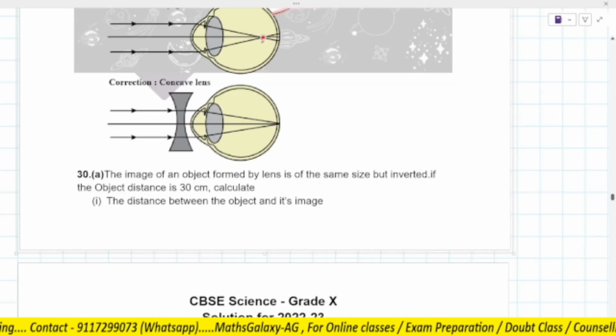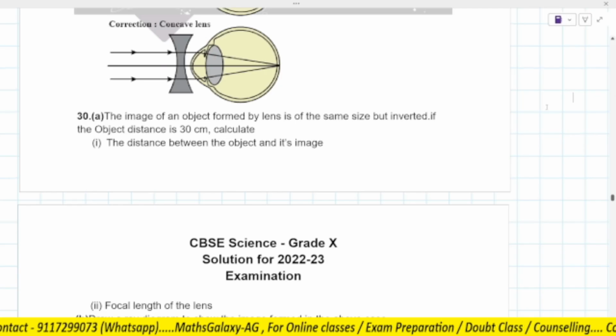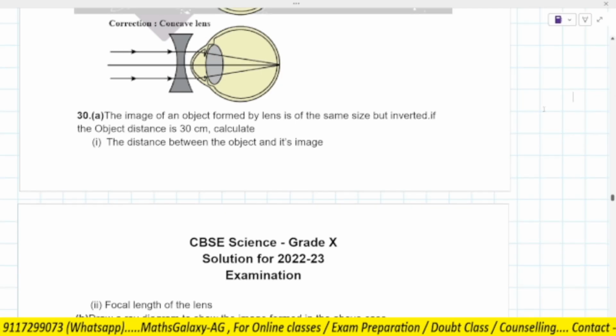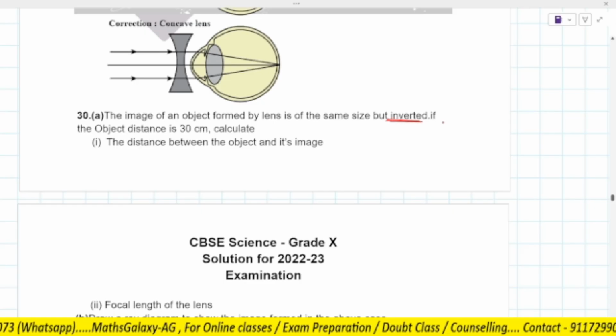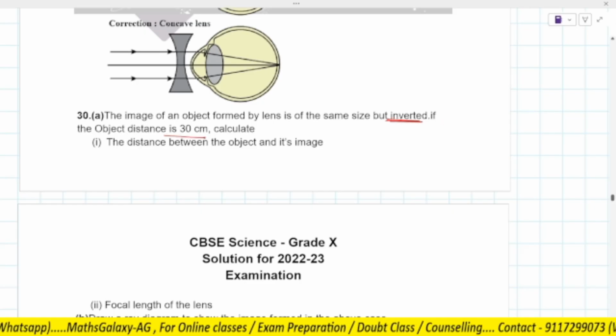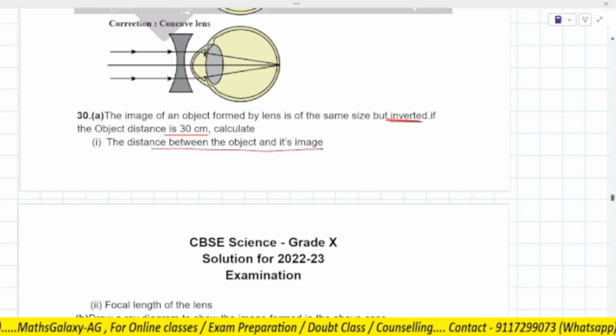After that, see here, the image of an object is formed by a lens of the same size but inverted. If the object distance is 30 centimeter, calculate the distance between the object and its image.